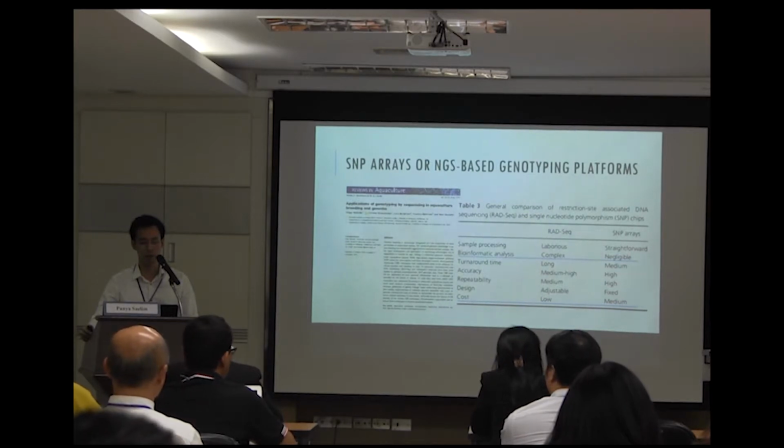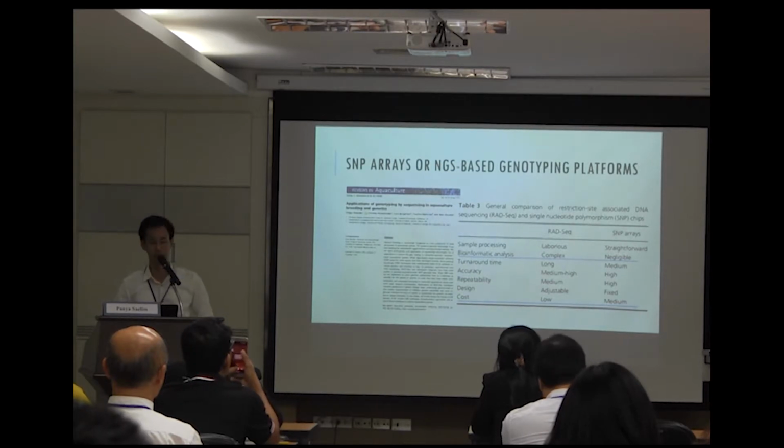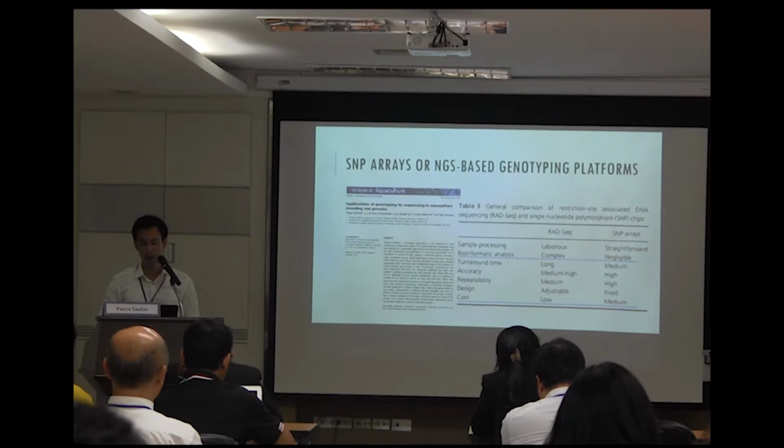And you can see that if you get the genotyping from RADseq, the complexity of this method is quite high, because you need a bioinformatician to do the analysis for you. Whereas you can get the genotype data directly from the SNP array.